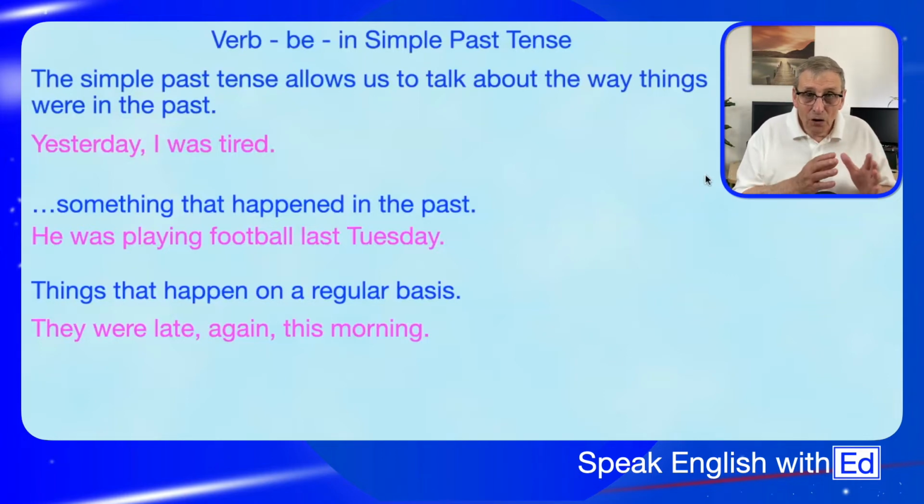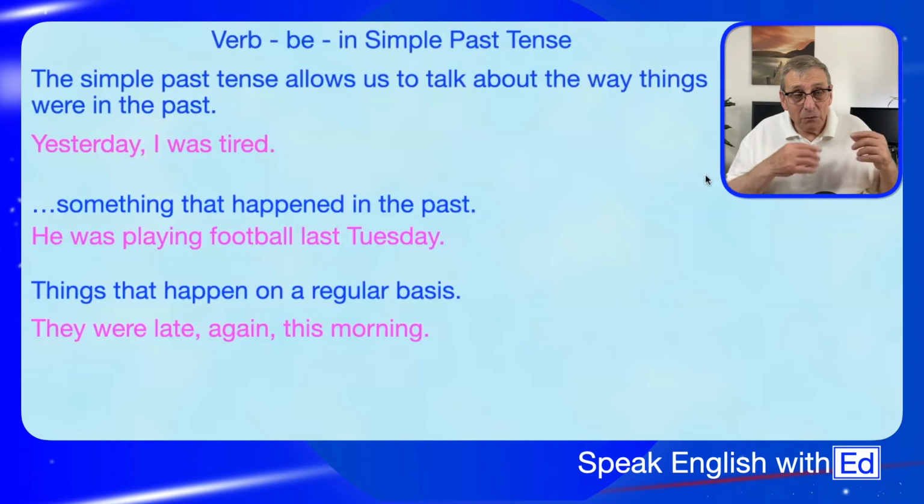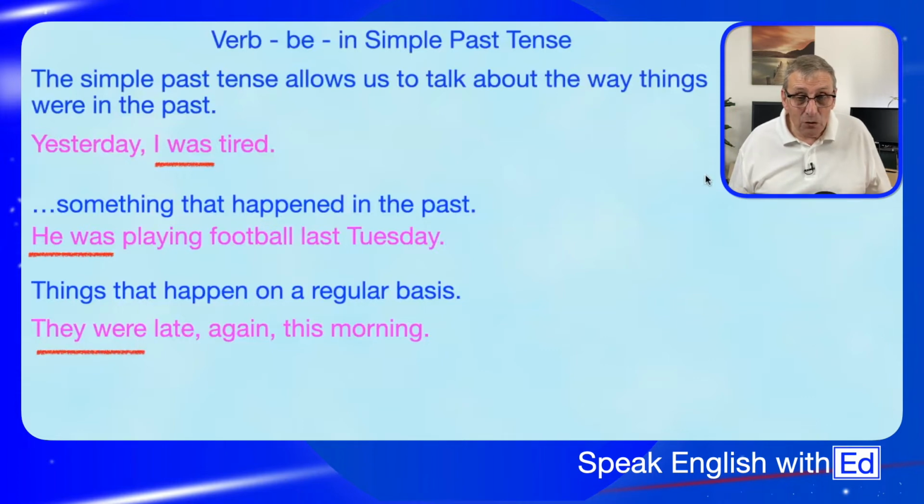They were late again this morning. Again is an indication that this has happened before and it happens regularly, so it suits the simple past tense. I was and he was are both singular, where they were is plural.